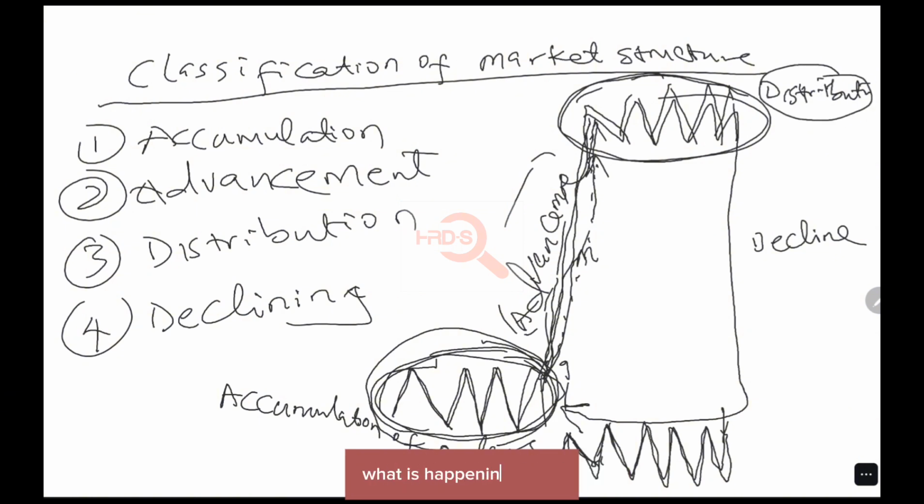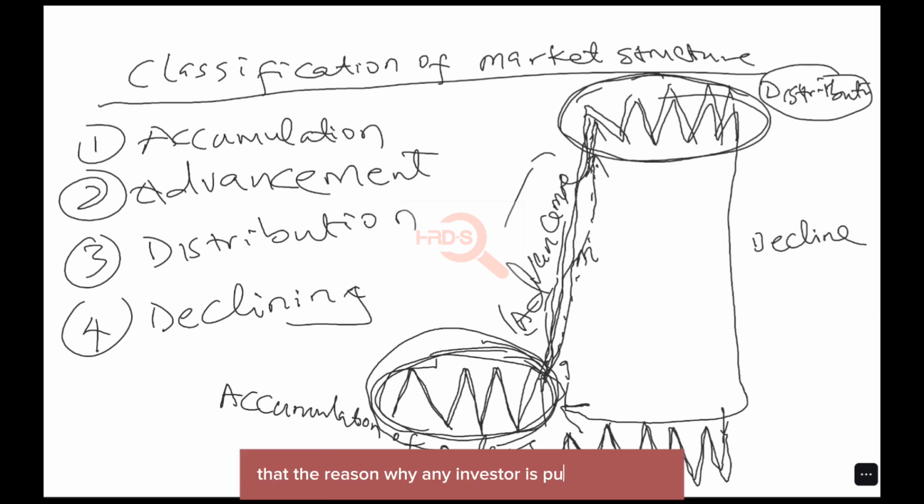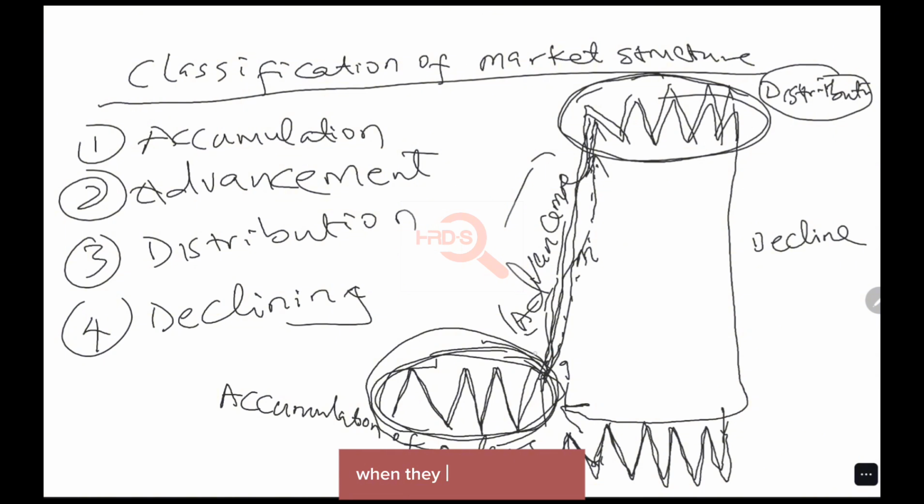What is happening is this. Remember, I told you last week that the reason why any investor is pushing in money into any financial asset is to make money. When they have advanced, what do you think will happen? They will start distributing their orders, that is taking their profits.